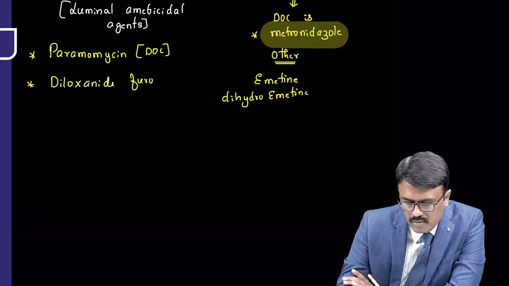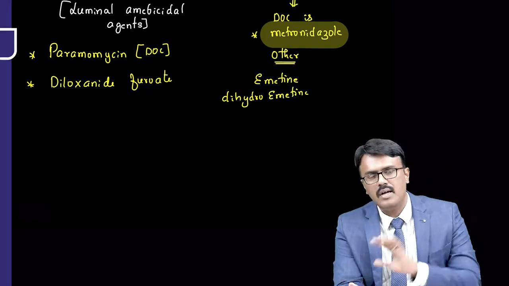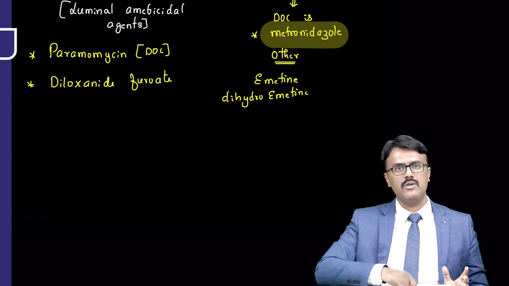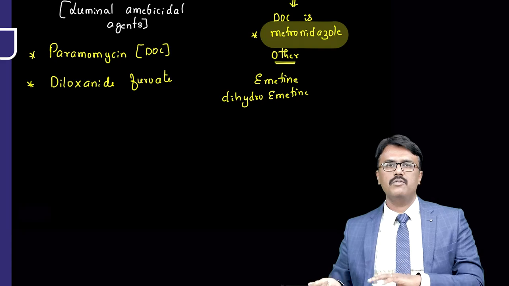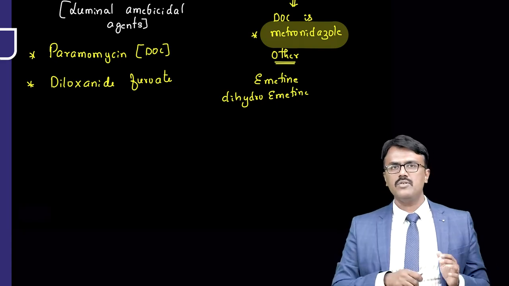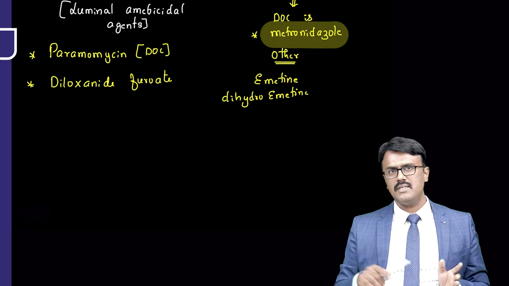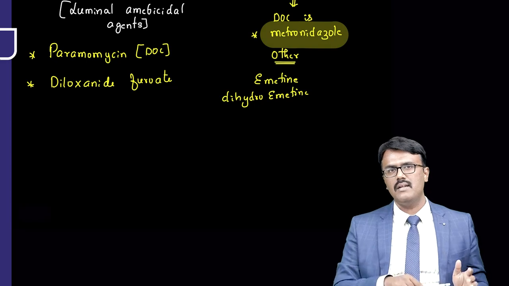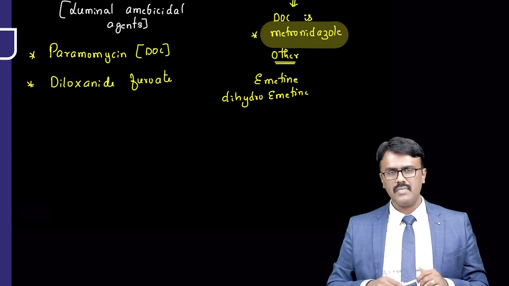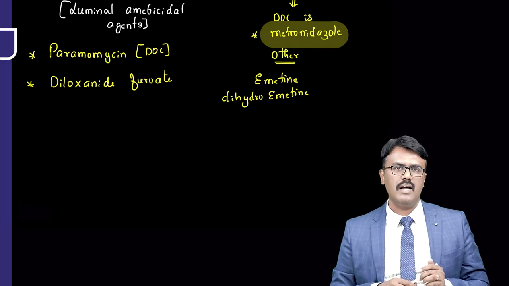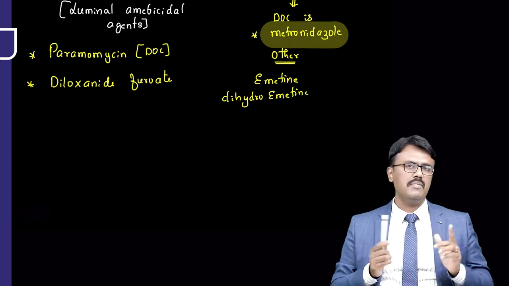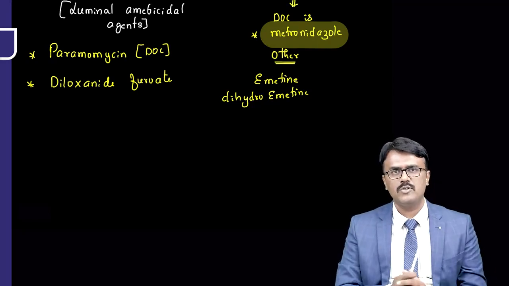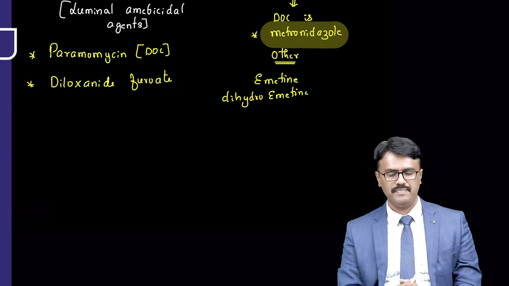What we do when there is a case of amoebiasis is combine metronidazole with diloxanide furoate. Metronidazole will take care of intestinal and extraintestinal amoebiasis, and diloxanide furoate will kill the carrier state. That is, it has luminal amebicidal activity. That's why they are combined. So that may be a reasoning question in your future exams: why do you combine metronidazole with diloxanide furoate?